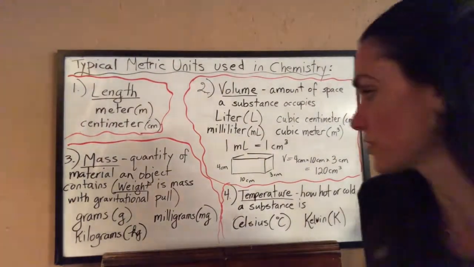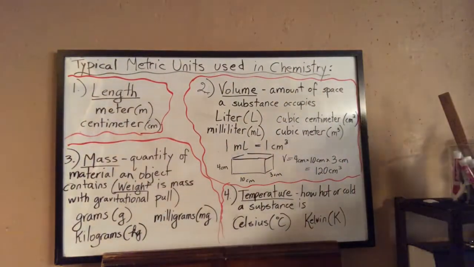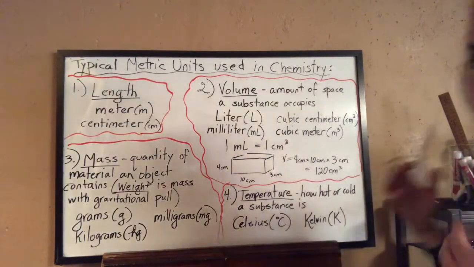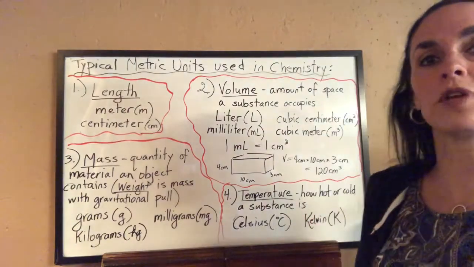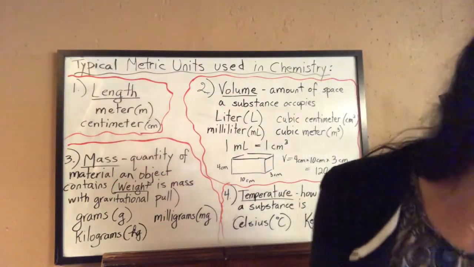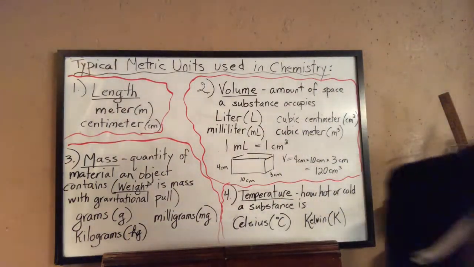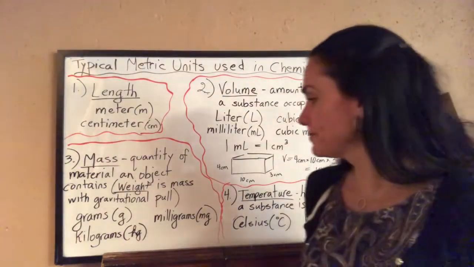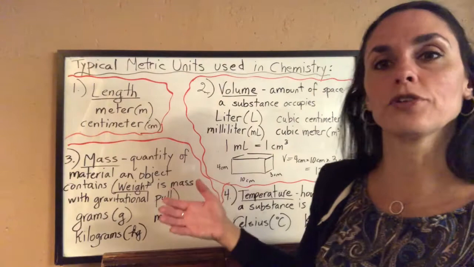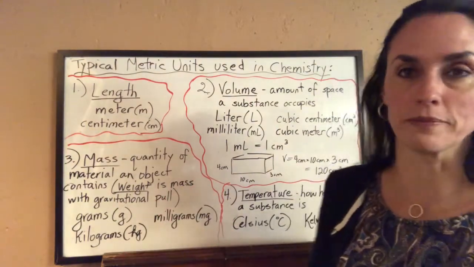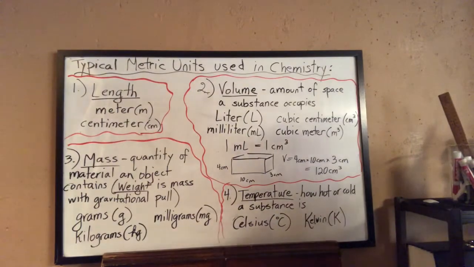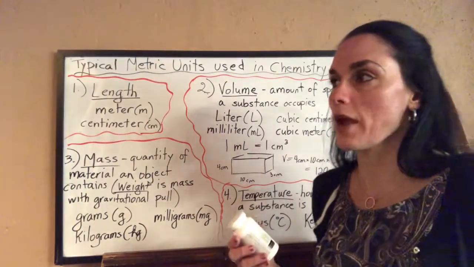Kilogram is a much larger unit, and a lot of times a person's mass will be measured in kilograms. We'll see when we do conversions that roughly 1 kilogram is equal to 2.2 pounds. So kilogram is a larger unit typically used for the mass of a person. Milligrams is a very small unit and is used in a lot of medicine dosages.